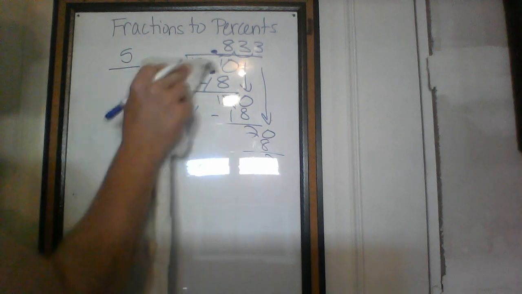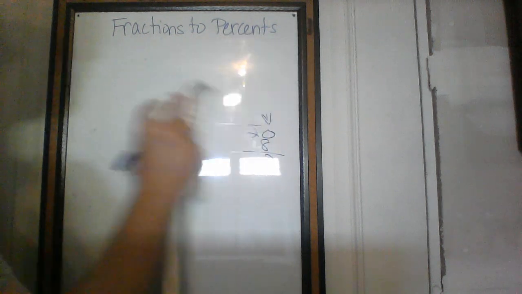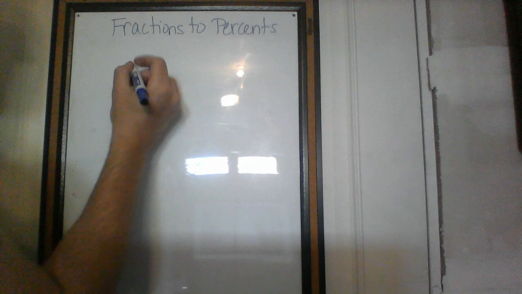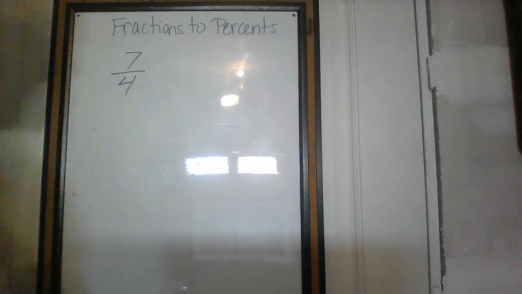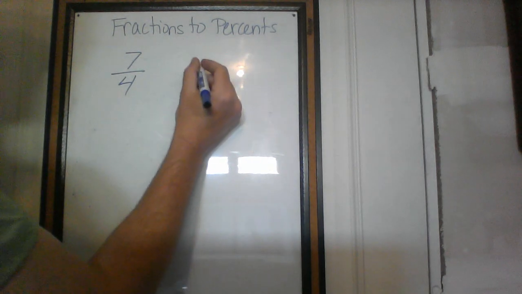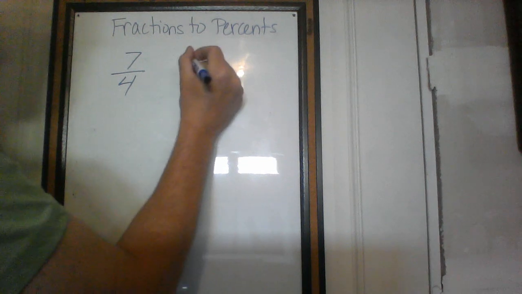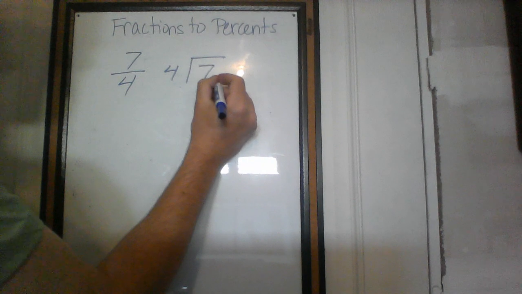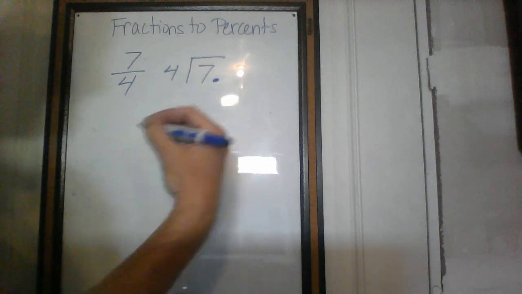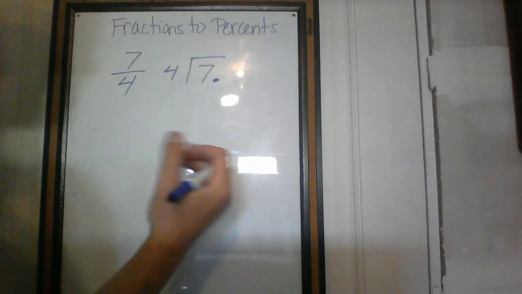Okay, so let's do another one. And we'll do it with an improper fraction. Again, fraction bar is our division sign. 7 divided by 4. We still need to add our decimal because we're going to go over to the thousandths place if it lets us.